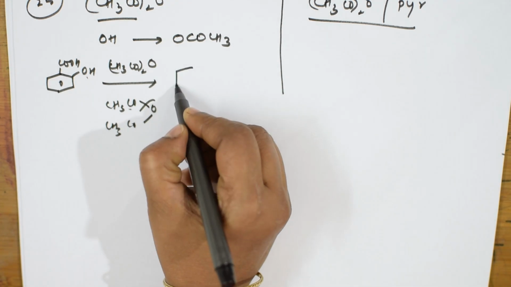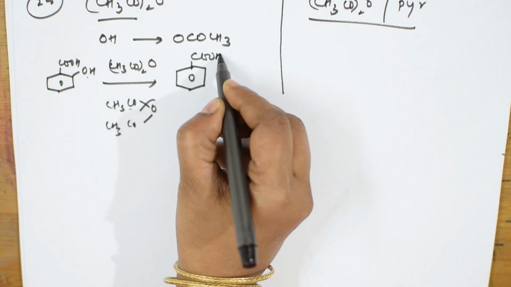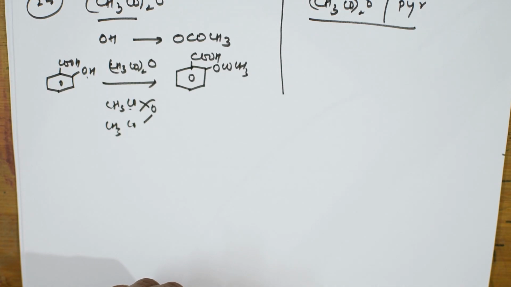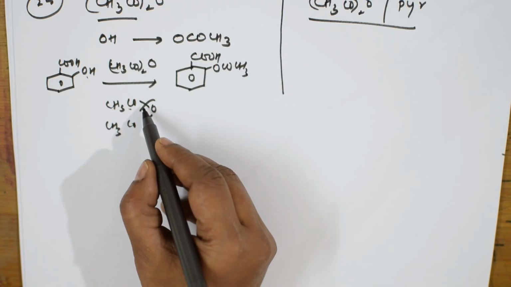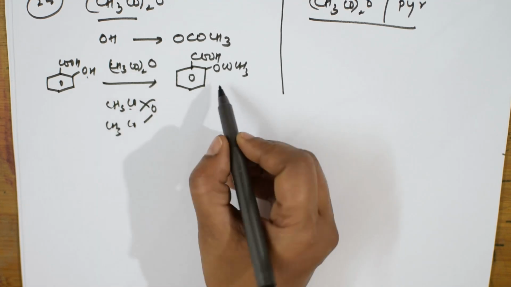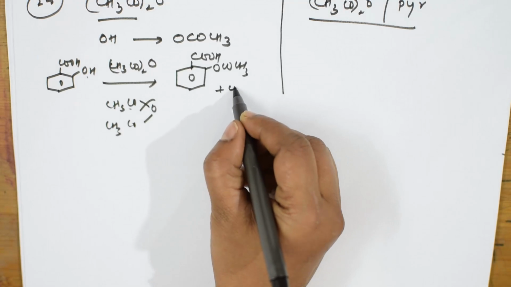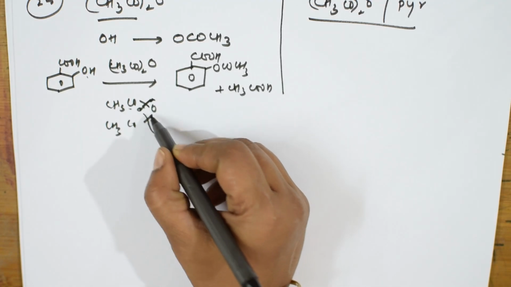What do we get? We get COH plus OCOCH3. Right? OCOCH3. Done. Now what else is there? The H here comes out with this as acetic acid. So let us take this cleavage here. This is perfect.